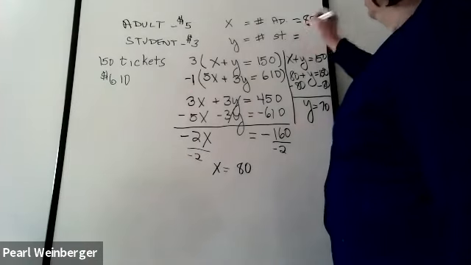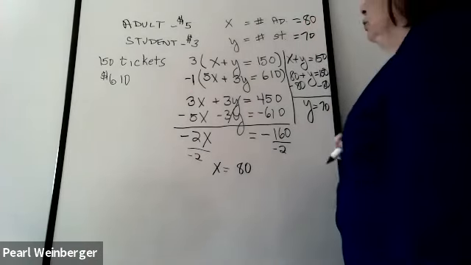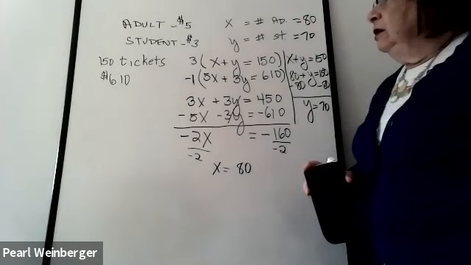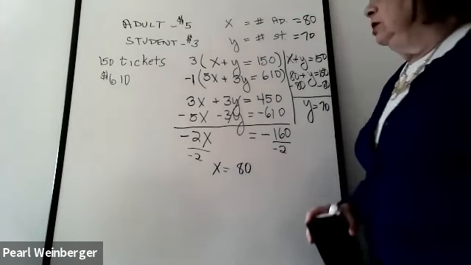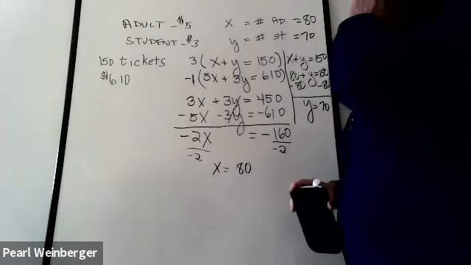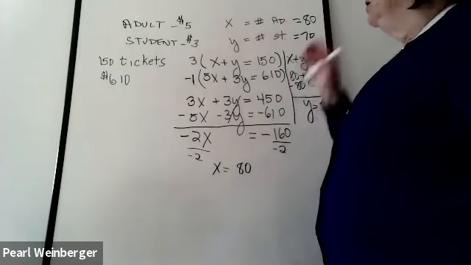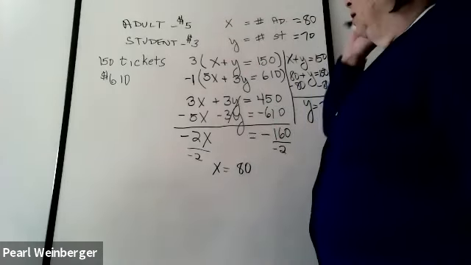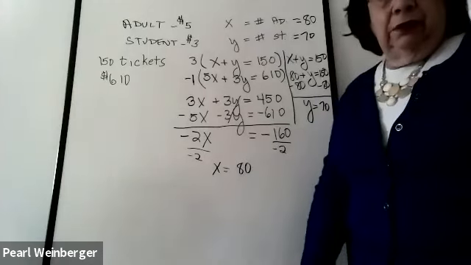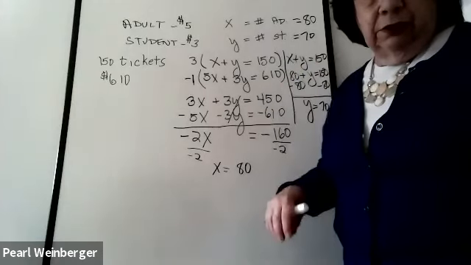In other words, 80 adult tickets were sold and 70 student tickets were sold. And you could just multiply the things together and you'll see that it works out. Does anybody have any questions about this?